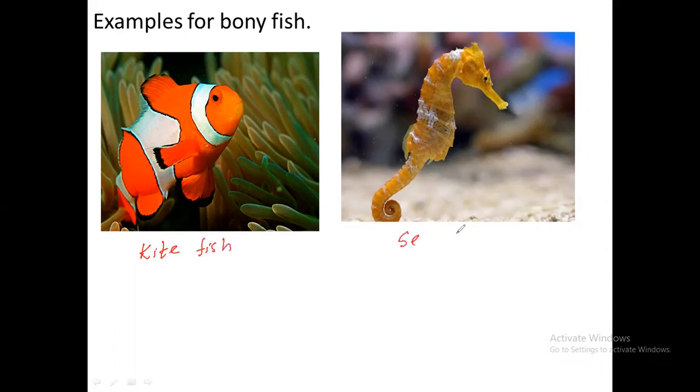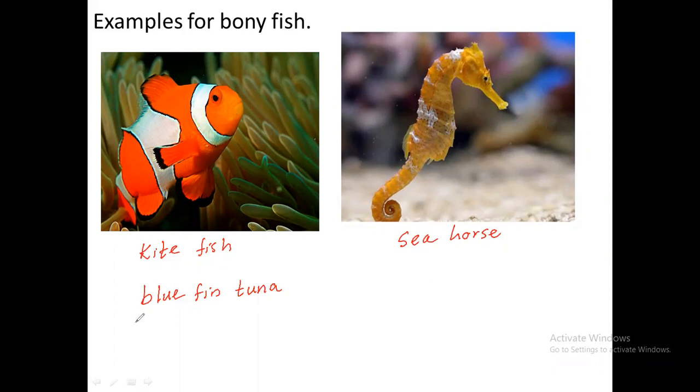Seahorse. It is also a fish, right? Seahorse. Bluefin tuna. Additional names are these two pictures related to kite fish and seahorse.